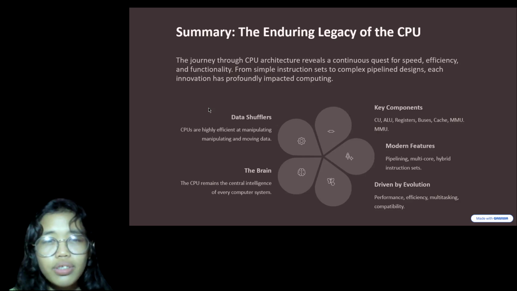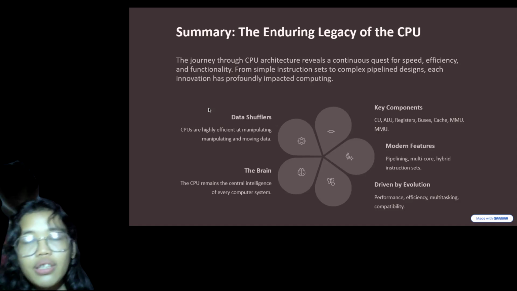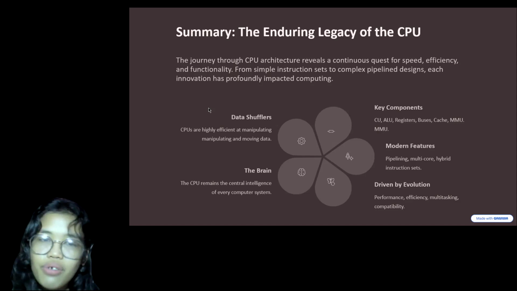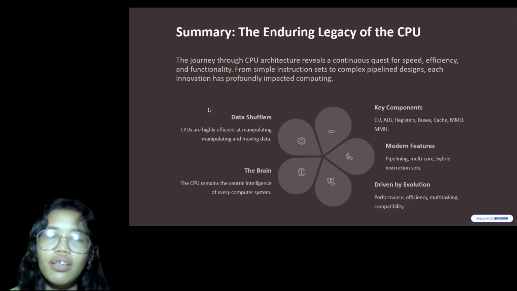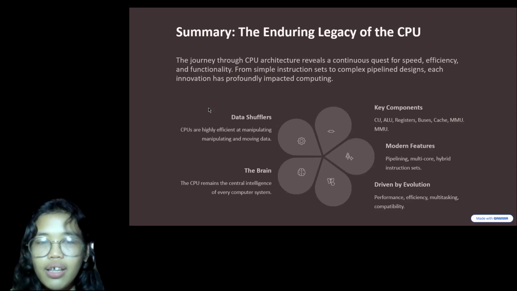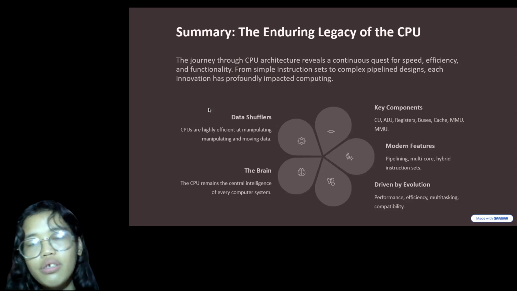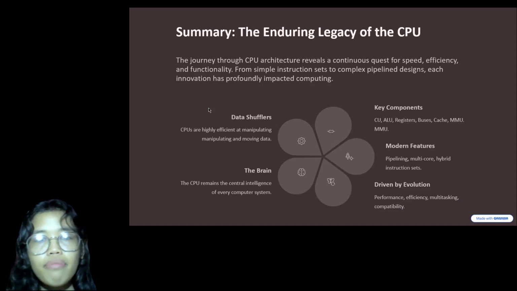A CPU orchestrates computations through these components: the ALU, which performs arithmetic and logic; the control unit, which directs the traffic; the registers for fast storage; the buses that deliver data and instructions to the components; the cache, used for quick memory access; and of course the MMU for secure memory mapping.